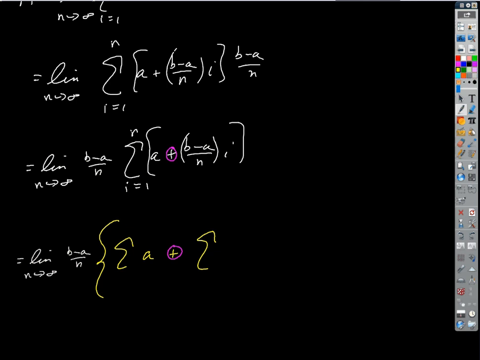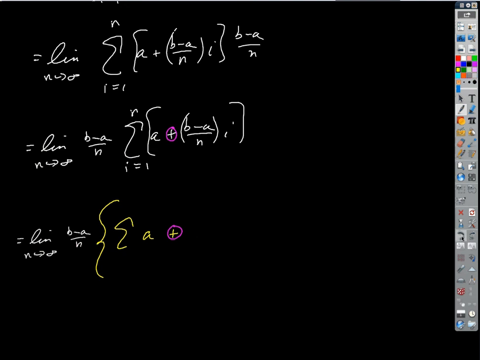Right, so if I break this into separate sums, when I get to this bottom sum, the b minus a over n I could put out in front of the sum. Let's do that. Right? And those sums are all from 1 to n, okay?